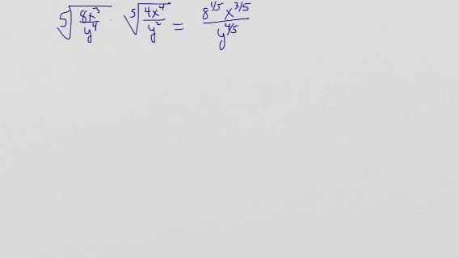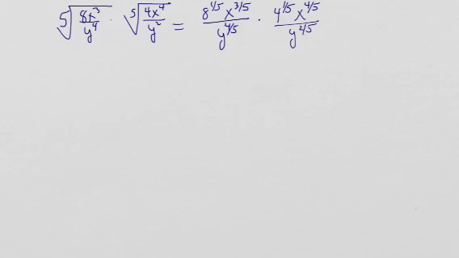There's our first ratio. And that is times 4 to the 1/5 times x to the 4/5 all over y to the 2/5.